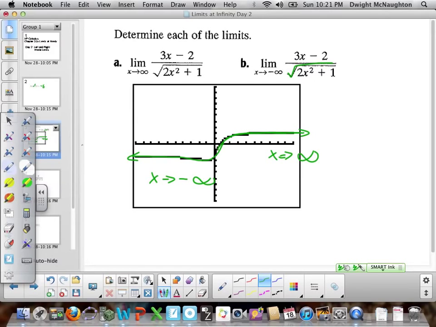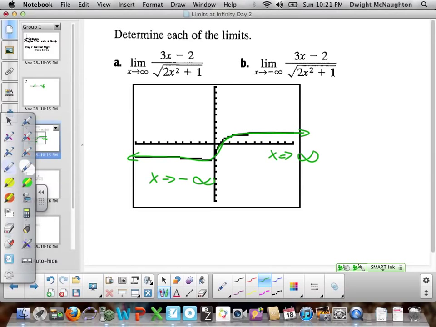Our trick, remember, was to divide top and bottom by the same 1 over x to the highest power. Well, what is the highest power? On the top, the highest power, aka the degree, is 1, because it's 3x. On the bottom, not quite. On the bottom, it's the square root of x squared.